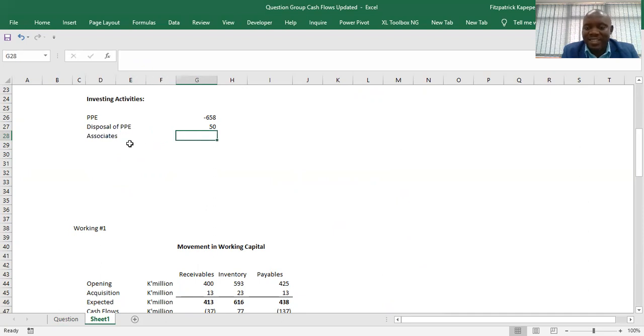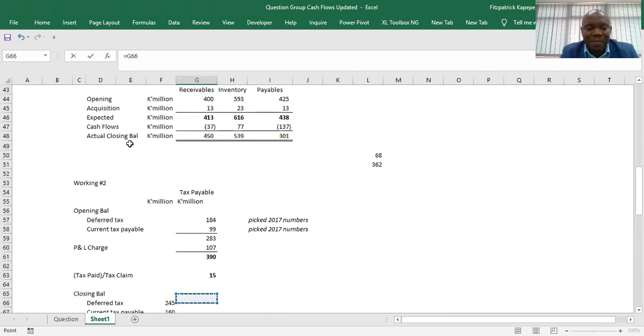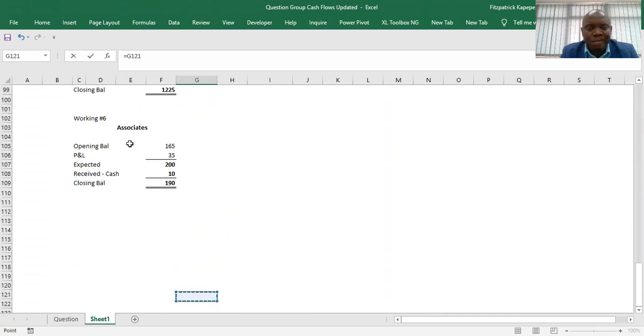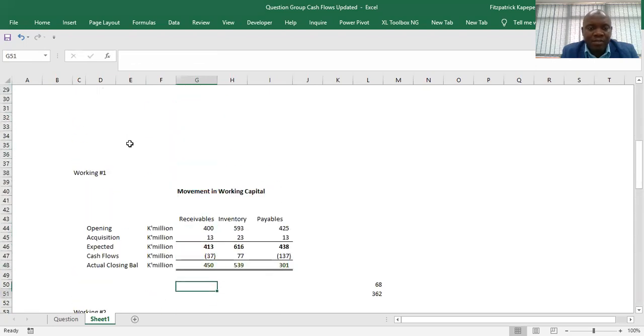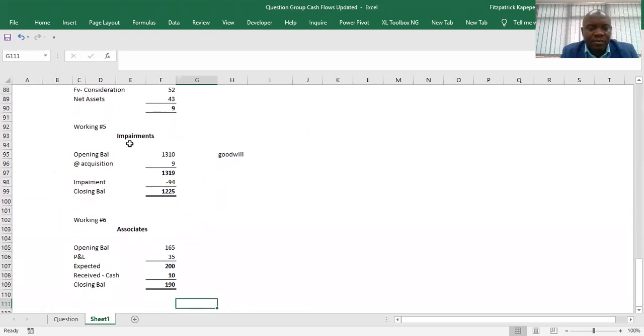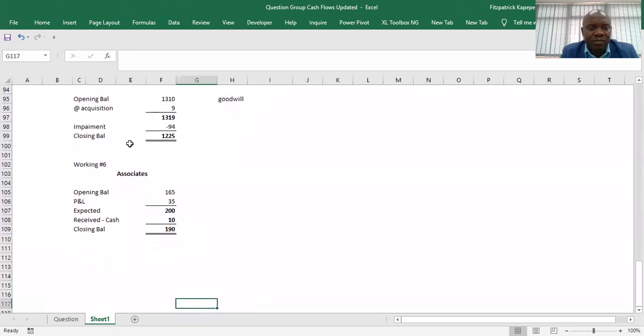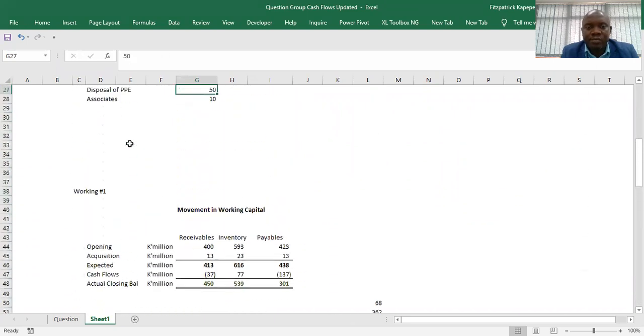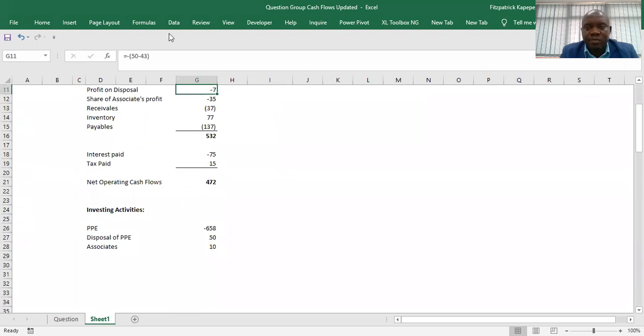Which is basically some dividend. So on the associates, this is just the dividends that the parent company is going to receive from the associate.